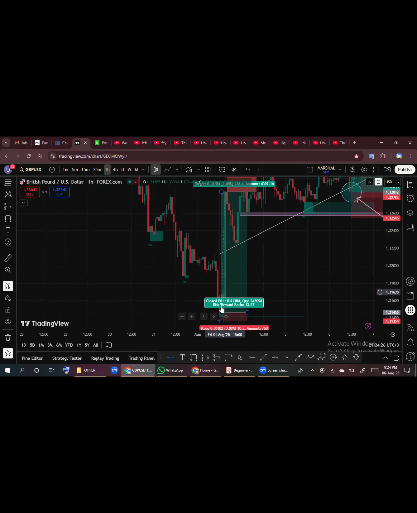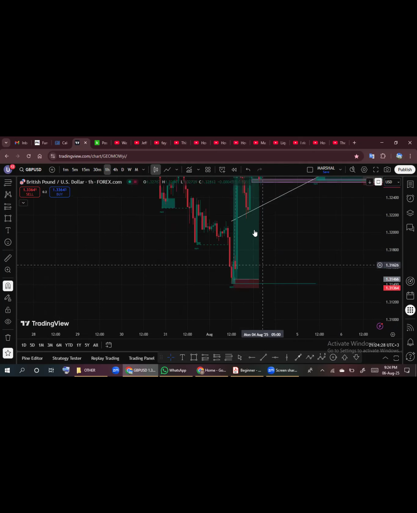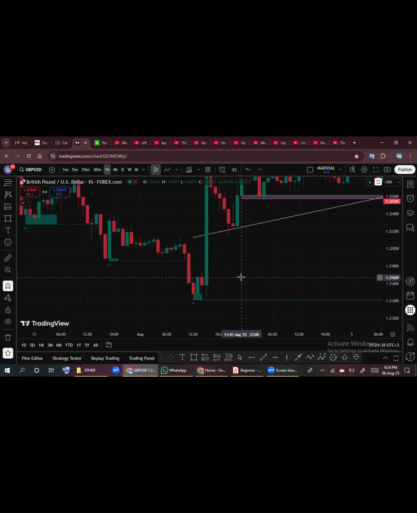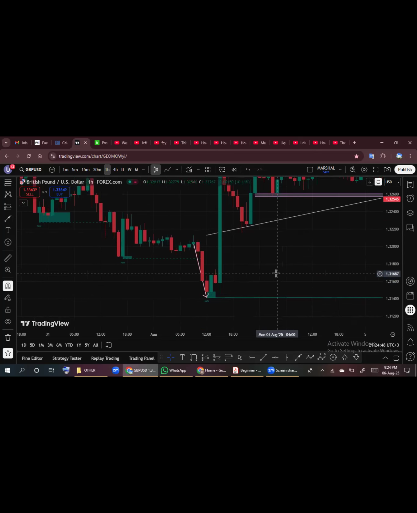So what we see here is a bullish engulfing. This candlestick pattern here is the bullish engulfing pattern. First of all, there is a downtrend from here, because bullish engulfing always follows either a downtrend or an uptrend.